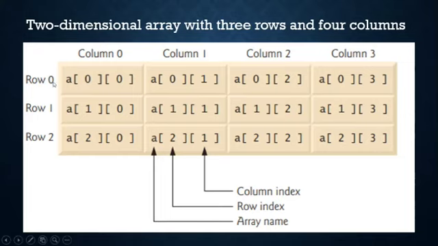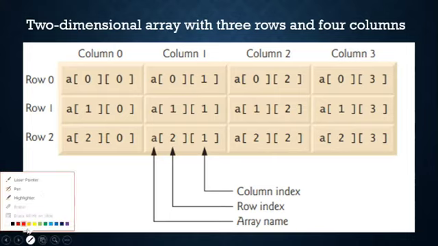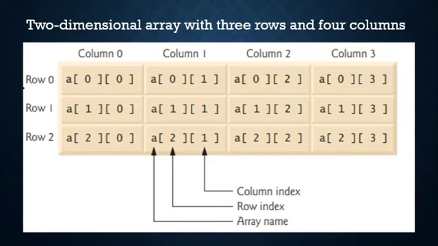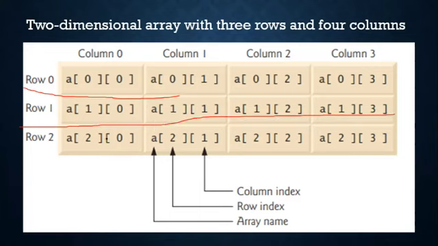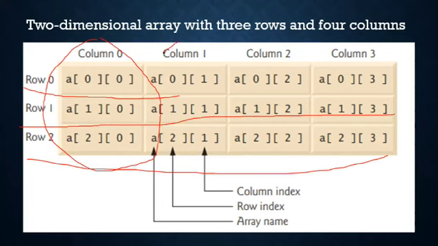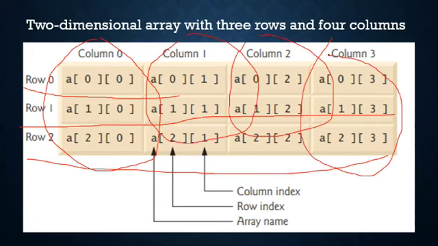Always remember, in programming we always start from zero. So we have row 0, row 1, row 2, and then we have column 0, column 1, column 2, and column 3.